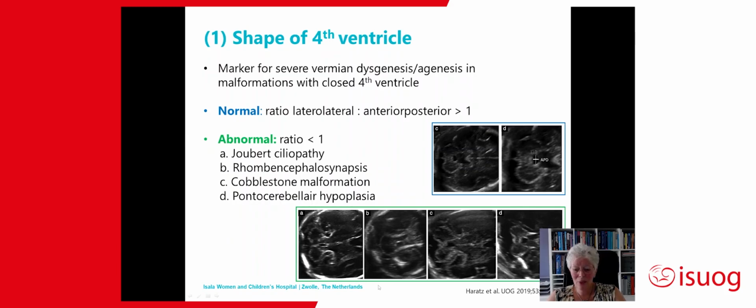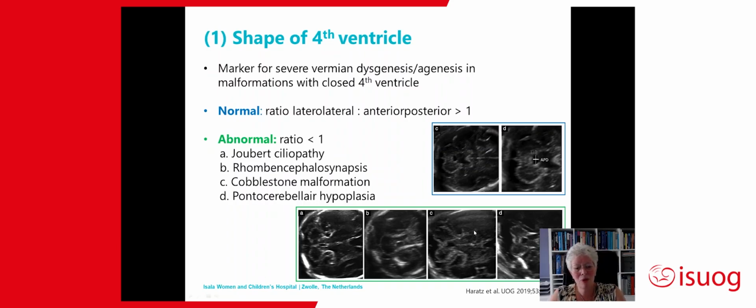And you can see over here some of the malformations. And so for instance here the Joubert ciliopathy, where you can see that the height of the fourth ventricle is more than the width. And you also can see the hyperplasia of the cerebral peduncles. Here we have a case of rhombencephalosynopsis where there is no vermis, but both cerebellar hemispheres are fused.